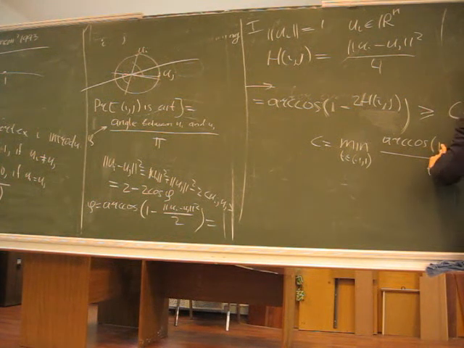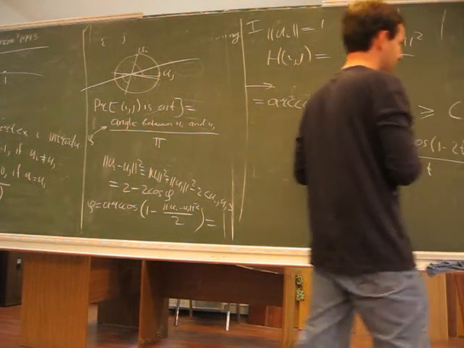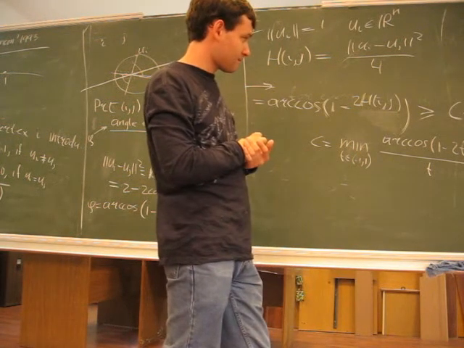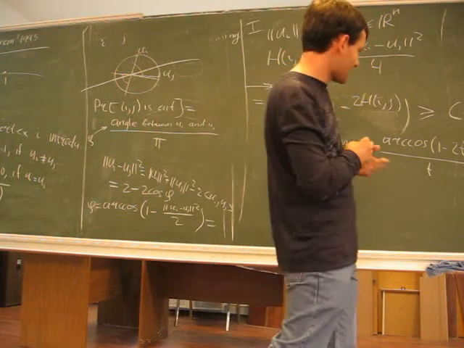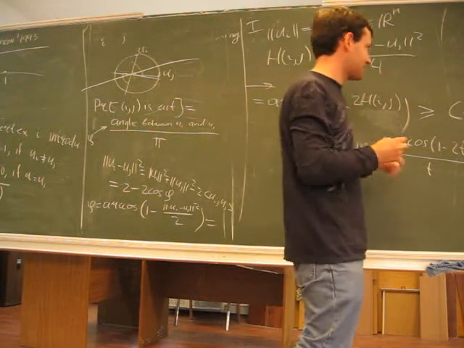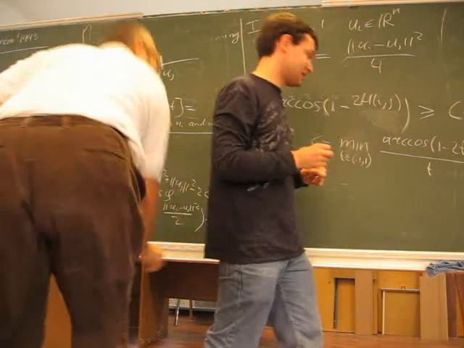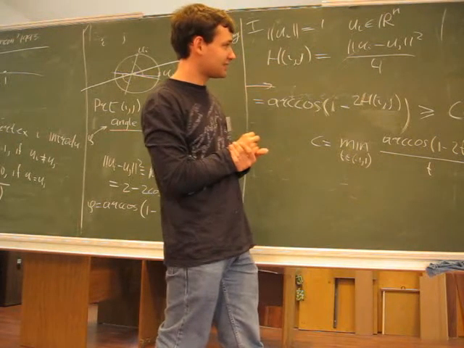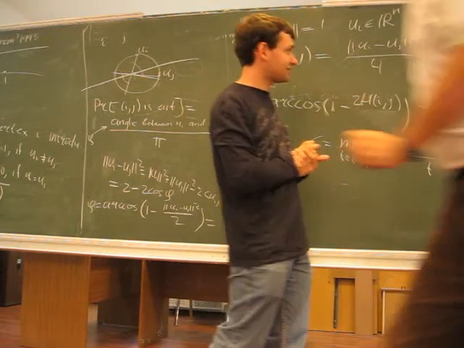And now you draw the line. This C is just the line which goes like this. Here is the C.